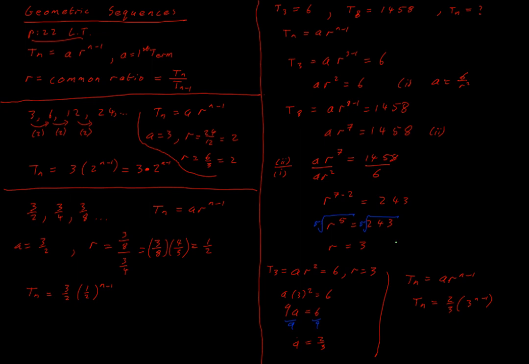But I get there by recognizing that I have a particular type of sequence, so I write down the formula for that type of sequence, and by subbing in what I'm given in the question, I'll almost always be able to make progress. So that's what we need for the beginning of geometric sequences.